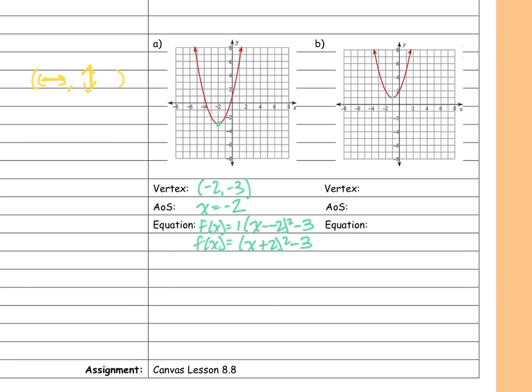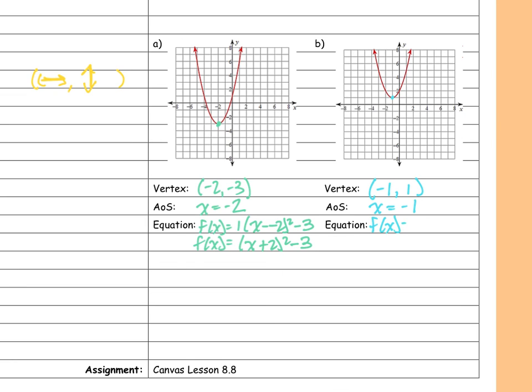And then the second one, or number B, let's see, where's my vertex at? It looks like it's at -1, +1. So the axis of symmetry is x equals -1, and it's opening up again. So a is 1.